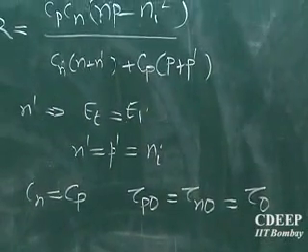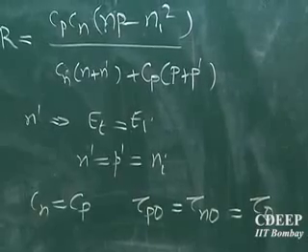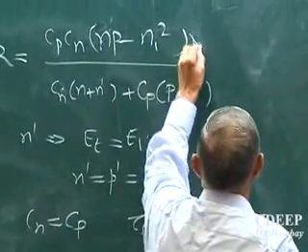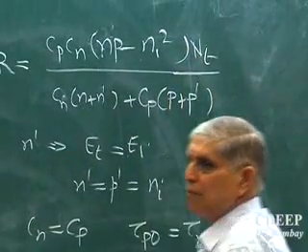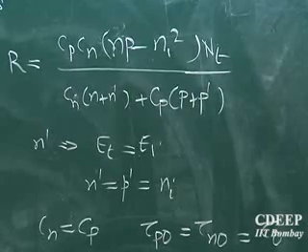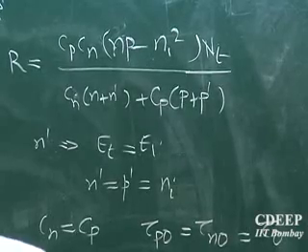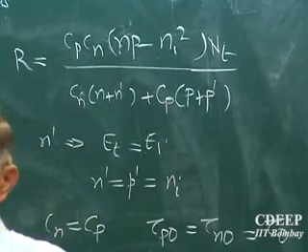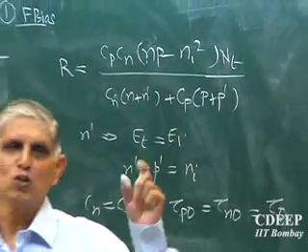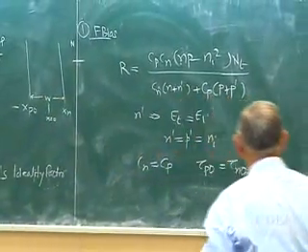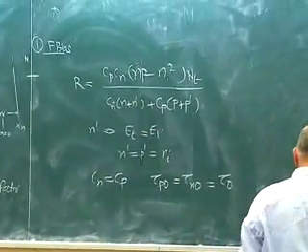Nt is the number of traps per cc available, so sorry, I forgot that Nt term. So 1 upon Cn Nt is tau n0, 1 upon Cp Nt is tau p0. Right now assume Cn is Cp, so tau p0 is tau n0 is tau 0. That is the assumption, or the maximum possible available.